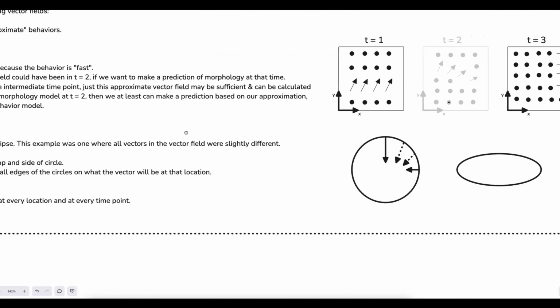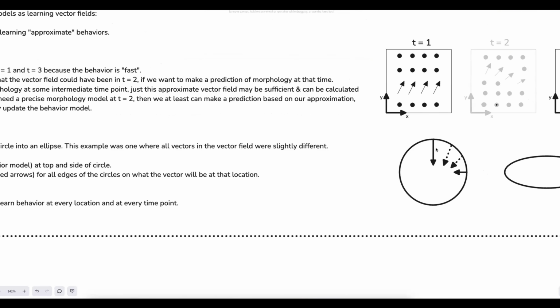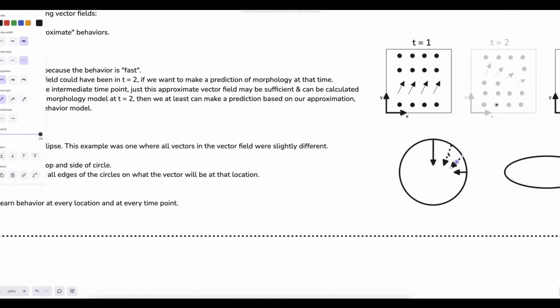But again, I think we can cheat and interpolate. If we know that we're squeezing on the top by this much at one time point, so we're squeezing both ways, but less on the left and right and more on the top and bottom.